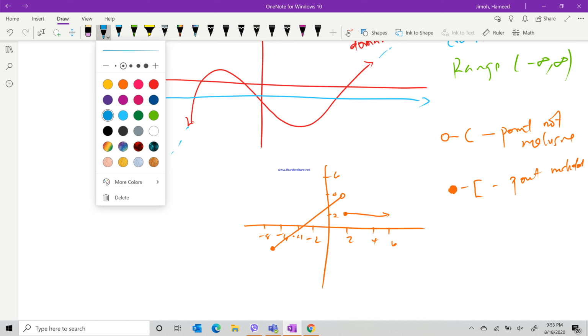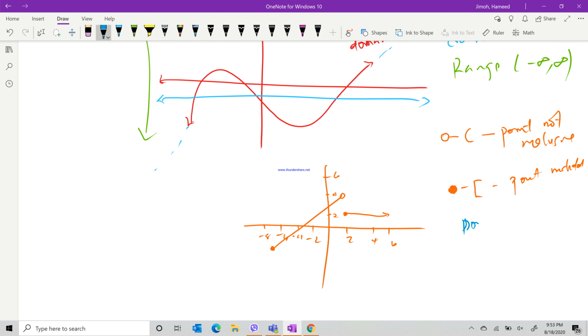Let's start first with our domain. The domain is always the x-axis, and the range is always the y-axis. So we look at what x values are included in this particular graph.